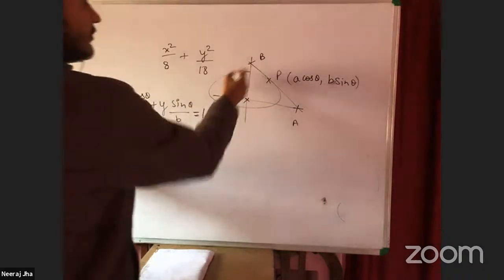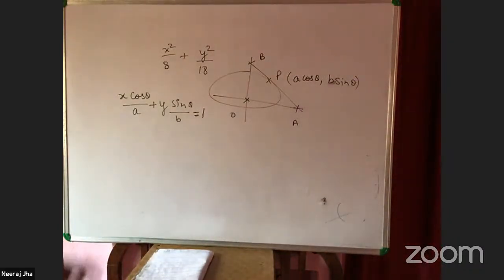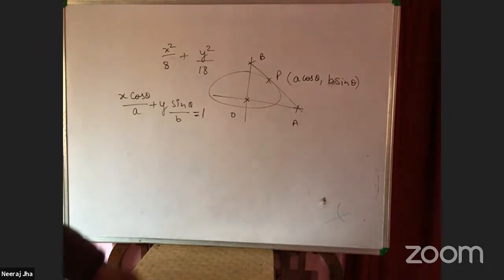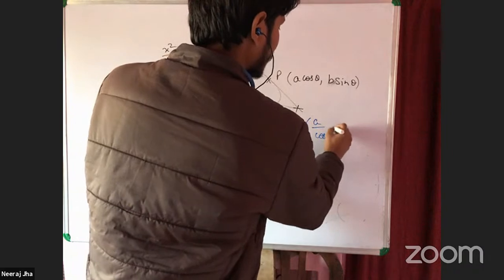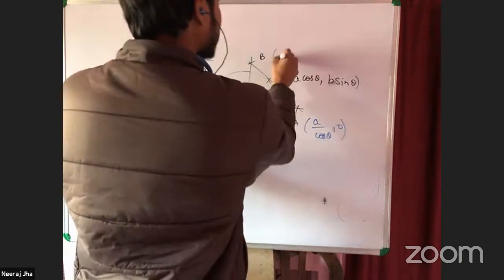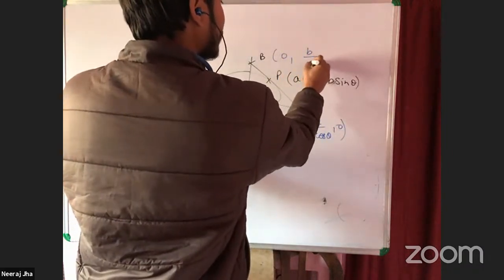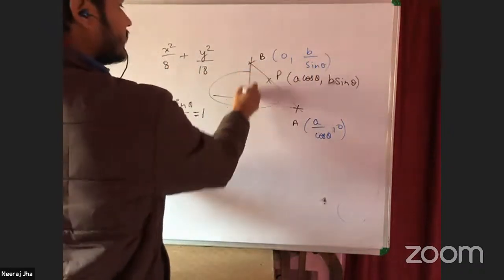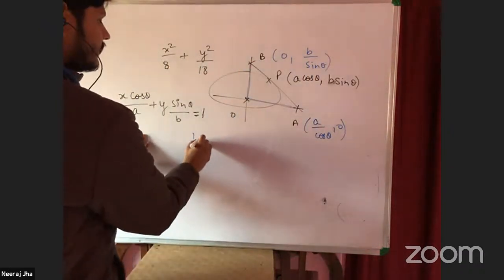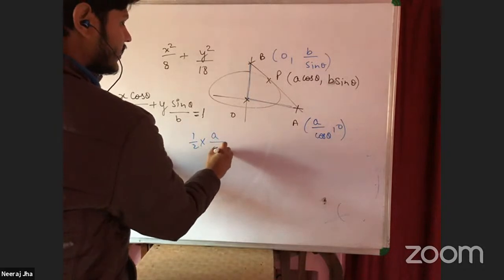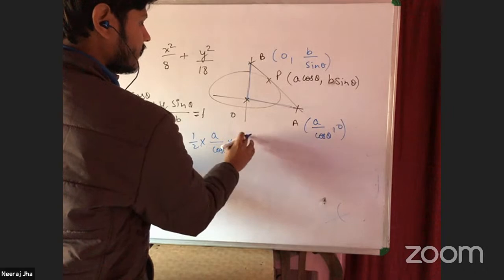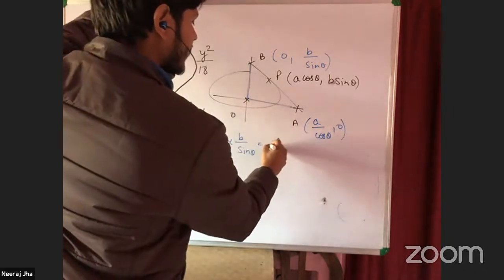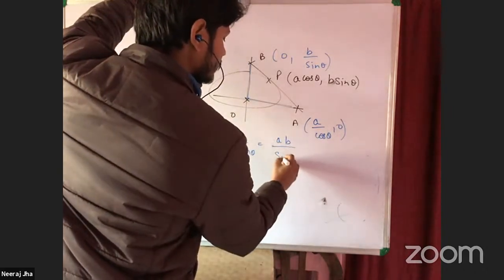Now, please tell me what will be this point B. If you put y as 0, you will be getting a upon cos theta. This point will be a by cos theta comma 0. This point will be 0 comma b upon sin theta. Now what is the area of this triangle? It is half of a upon cos theta into b upon sin theta, which is equal to ab upon sin 2 theta.